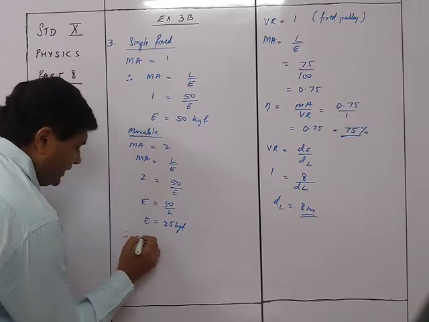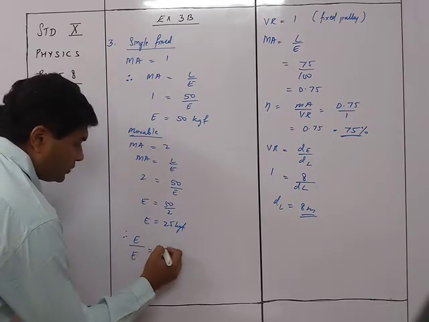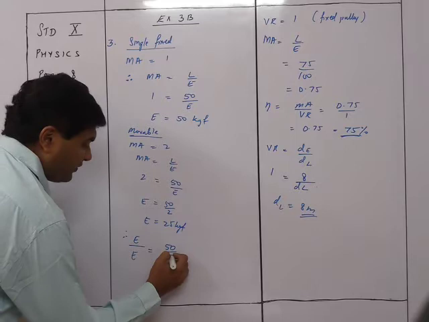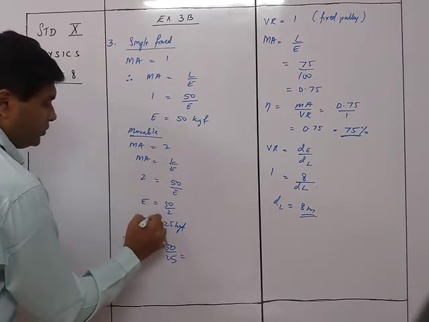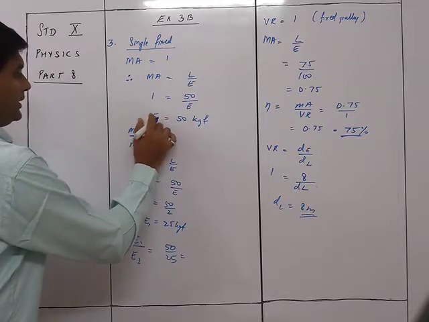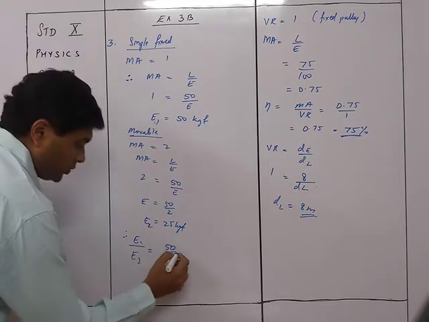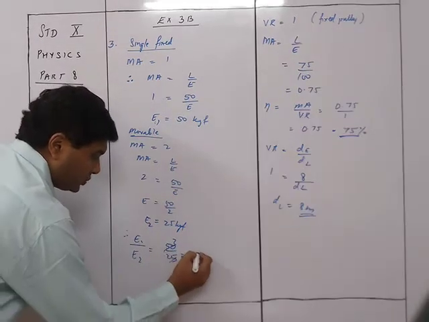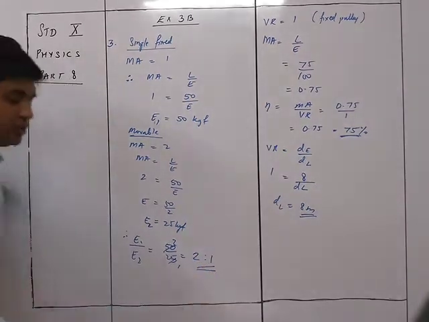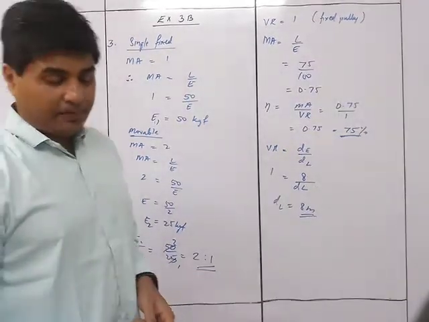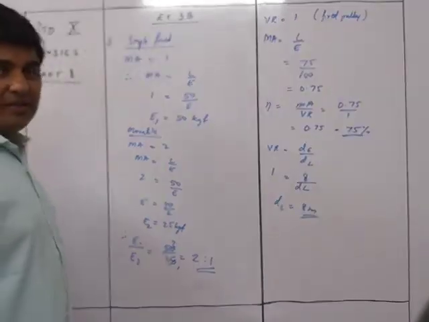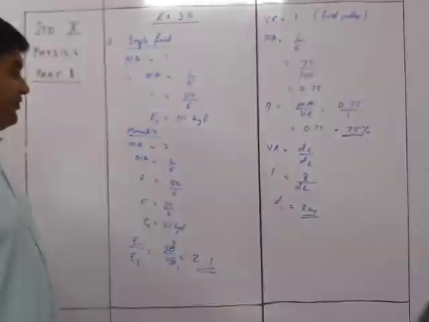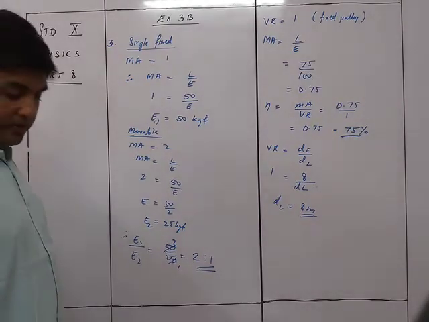Therefore, E1 upon E2 will be equal to 50 upon 25, that will be 2:1. So 2:1 will be the ratio in which the effort will be applied in both the cases. Twice the effort in the fixed pulley and half the effort in the movable pulley.